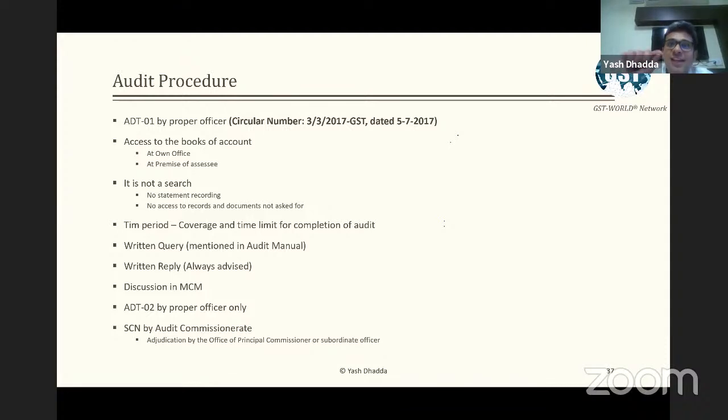So the first thing I should check is ADT 01, where they intimate to me that they want to conduct the audit under section 65, and to conduct the audit there is certain information which they want us to give to them. Whether they can seek information, the answer is yes. In ADT 01, they can seek information on the basis of the audit definition we read.